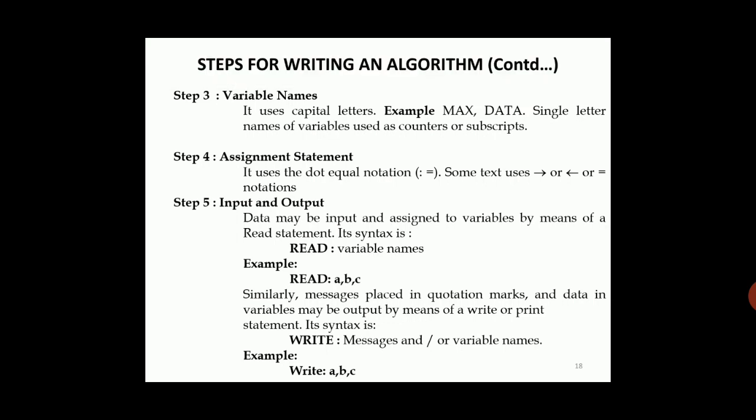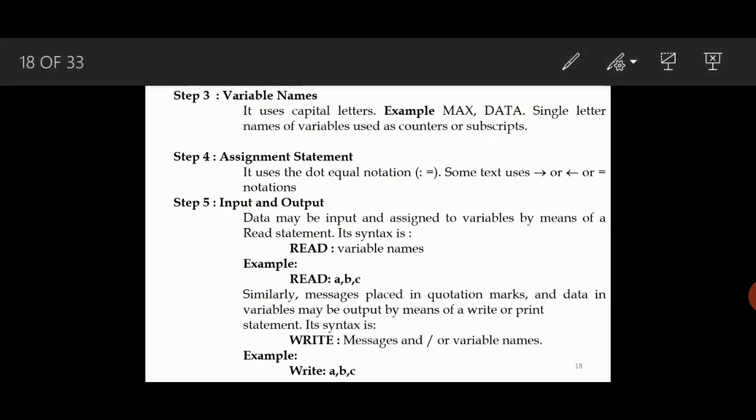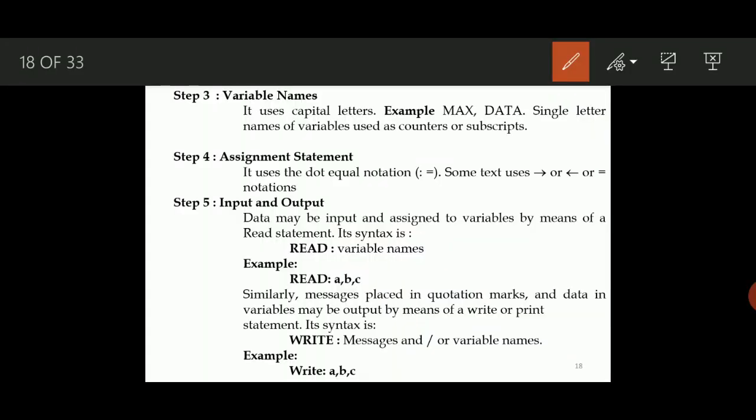So after variable declaration, we use capital letters. Not always, but most of the time we write a capital letter and a single letter name, just like c and so on, using the subscript. And then the fourth step tells about the assignment statement.